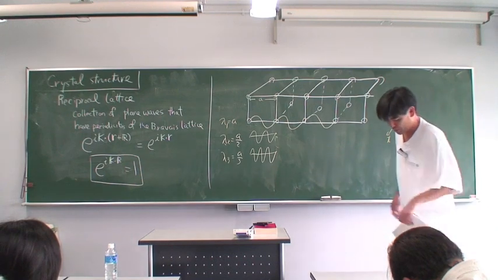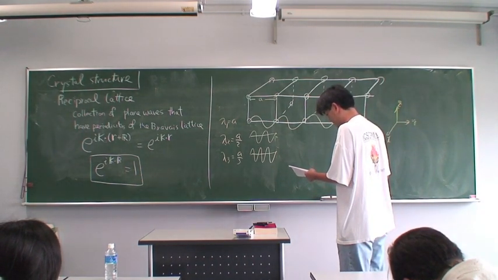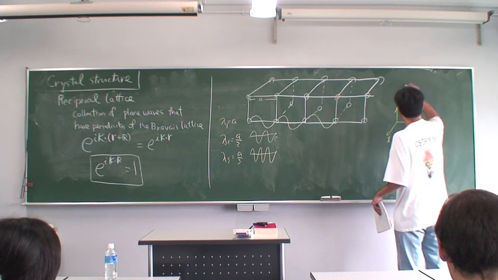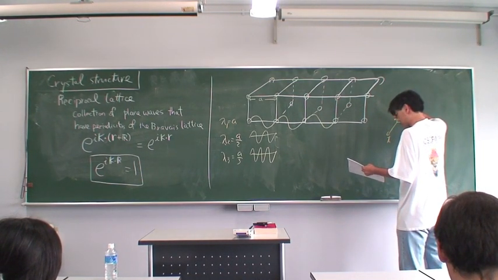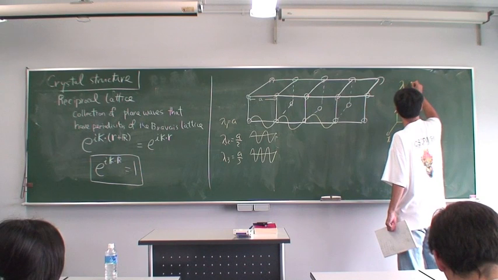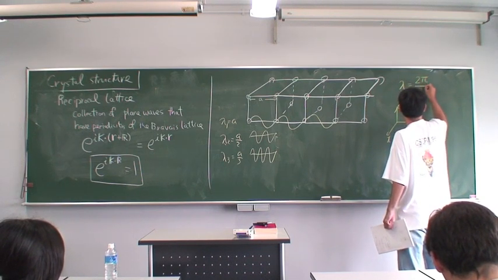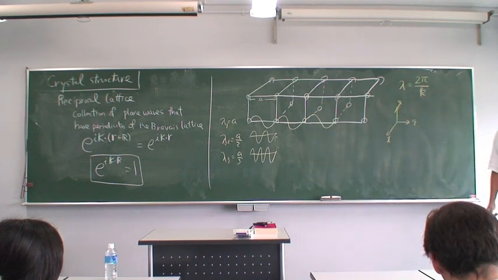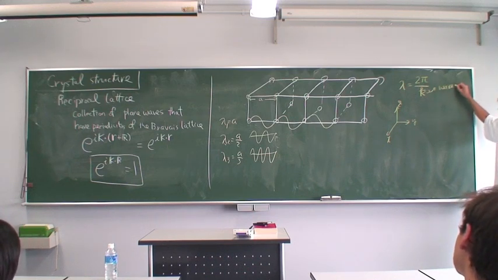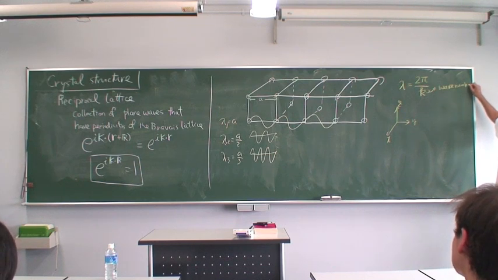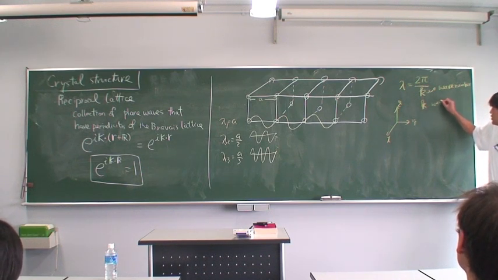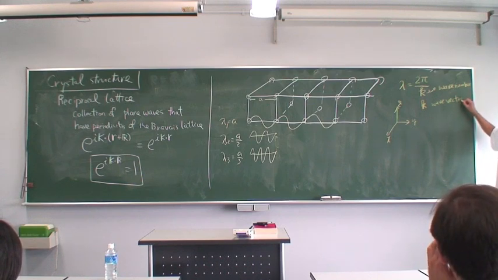And then, the important thing here is that there's a relation: lambda equals 2 pi over k. Lambda is the wavelength. k is known as the wave number when it's a scalar, and when k is a vector, it's called the wave vector. Wave vector, okay?